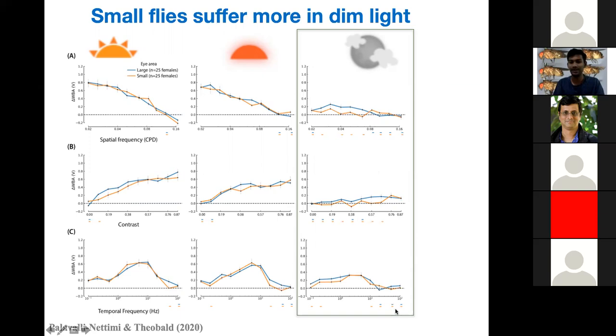And again, temporal acuity is also lower in smaller flies. So if you're a smaller fly, you already suffer from reduced visual abilities, but if you're in the dark, your abilities are further affected.